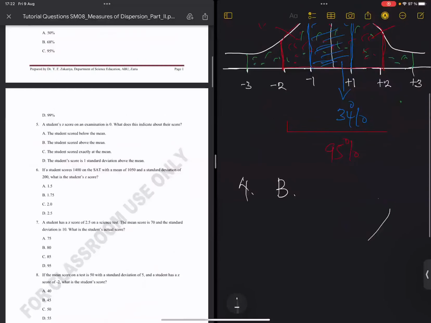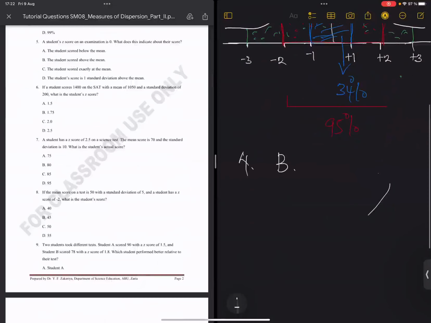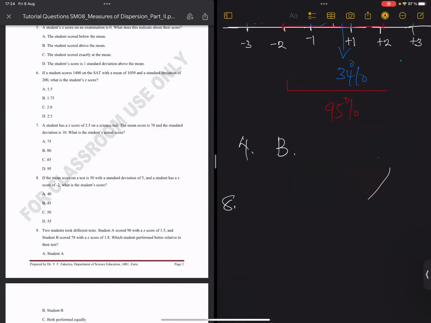So we can go to problem number 8. Question number 8 says, if the mean score on a test is 50, please pay attention to this, and a student has a Z-score of -2.